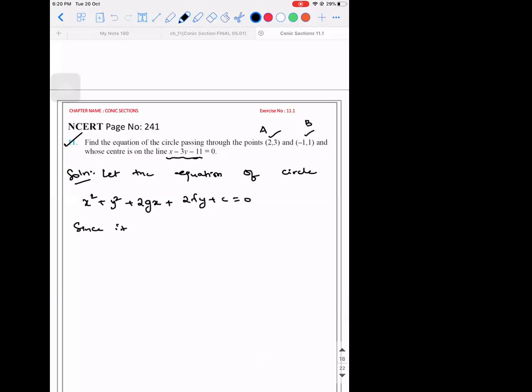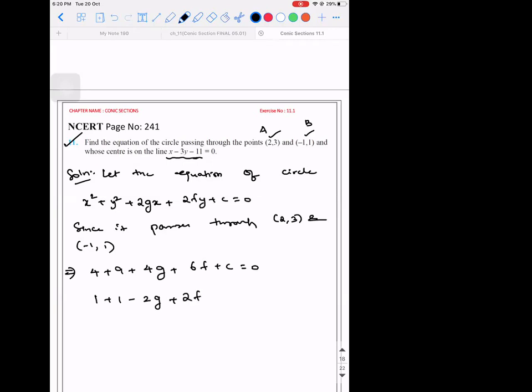Since it passes through the points (2, 3) and (-1, 1), they satisfy the equation. So we can conclude that 4 plus 9 plus 4g plus 6f plus c equals 0. Similarly, 1 plus 1 minus 2g plus 2f plus c equals 0.